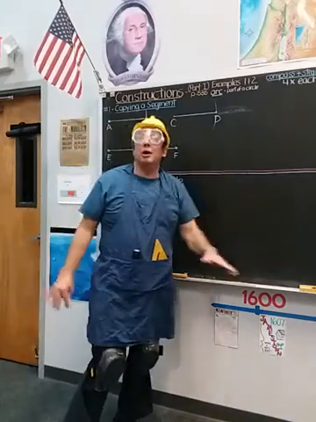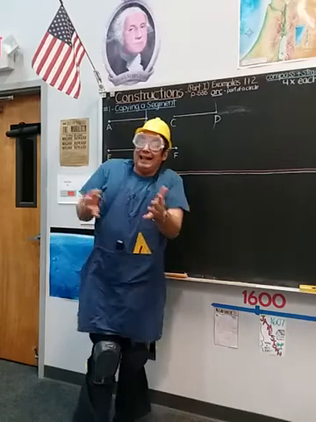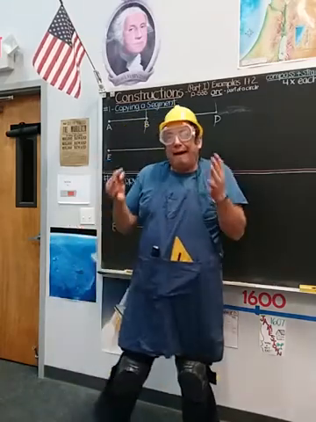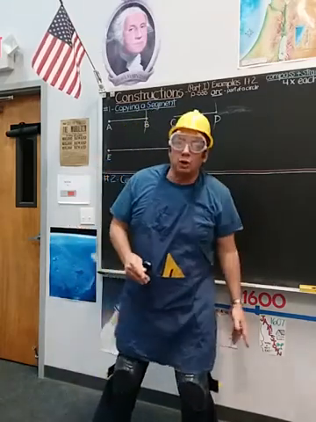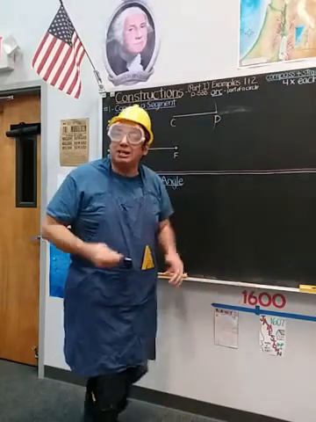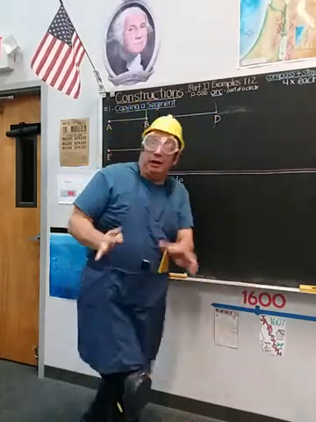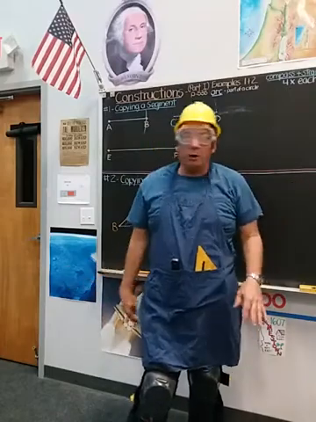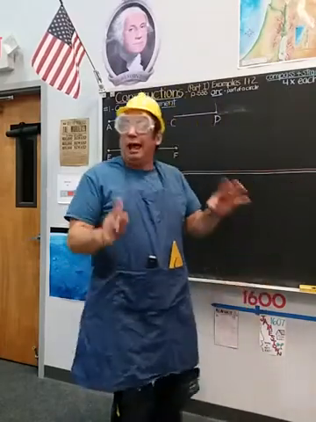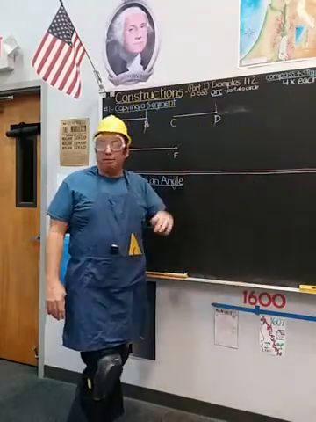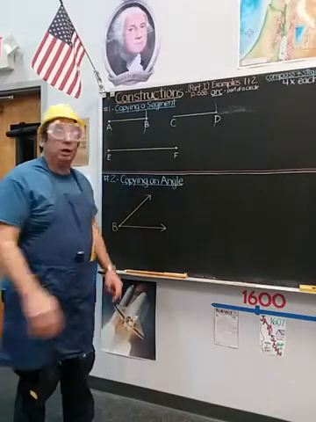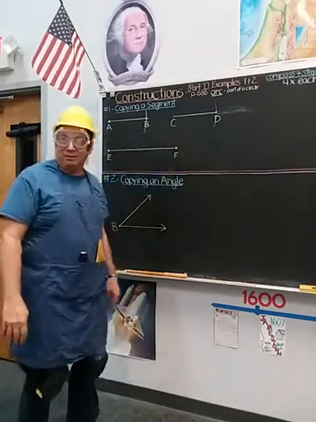You don't have to measure it, they're the same length. That's an amazing thing about using a compass. A compass has many uses besides just drawing circles, and that's what we're trying to teach you in these next couple lessons, to become an expert in using a compass, all right? There are probably kids in high school that can't do this, using a compass without a ruler to make a segment that's exactly the same length as the other one.